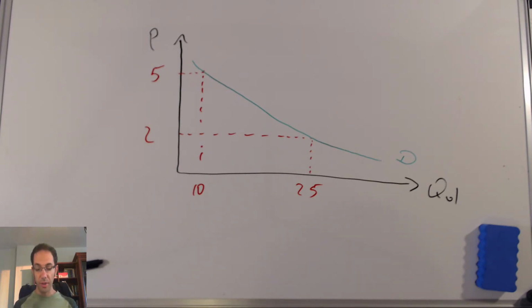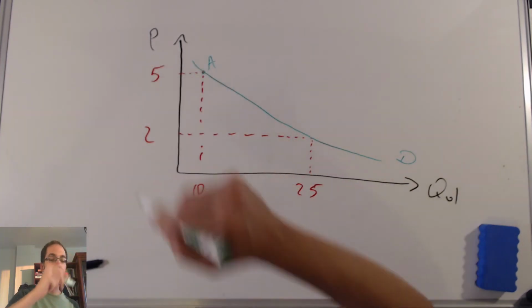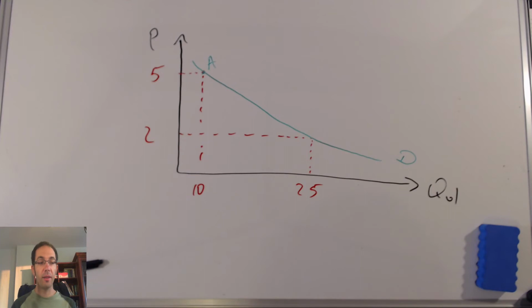One important thing, this is a terminology that you need to get used to. Imagine that originally we were at point A with a price of 5 and quantity demanded of 10.